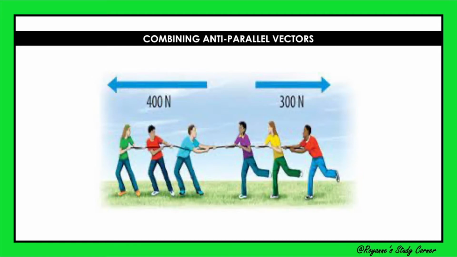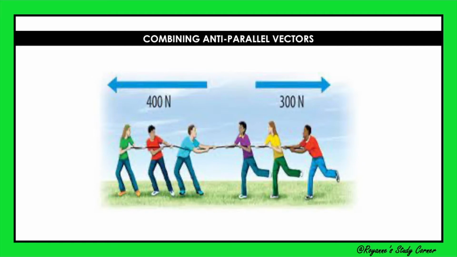We do this by expressing one as positive and the other as negative, because a question may say one is moving to the left and one is moving to the right, or one is moving to the north and one is moving to the south. But with our numbers, we have to find a way to show this opposite direction. So what we do is we write a negative sign in front of the opposite one.